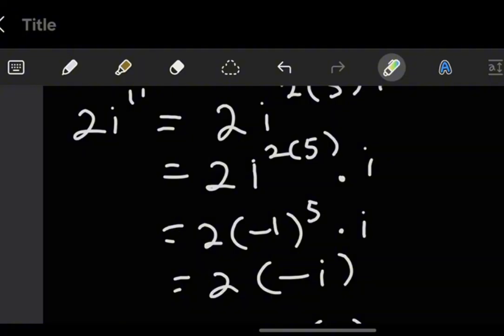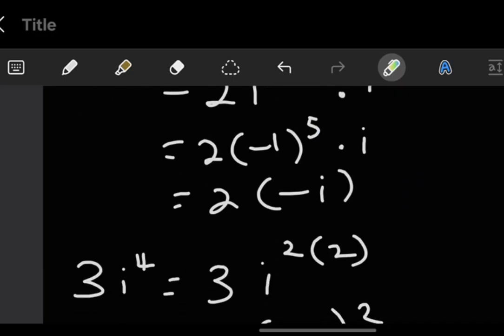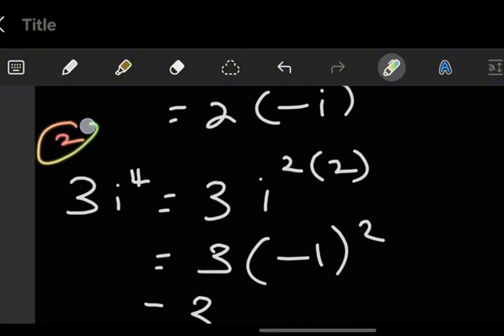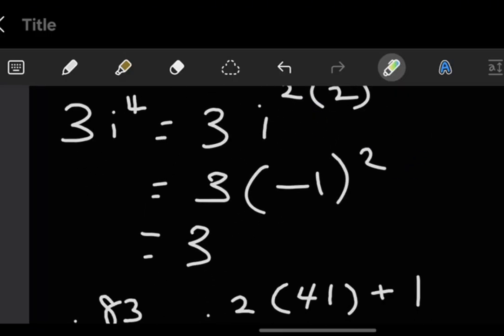So 2 multiplied with negative 1 to the power of 5 multiplied with i. We will get 2 multiplied with negative i. The second one, 3i to the power of 4 is equal to 3 times i to the power of 2 to the power of 2. We will get 3 multiplied with negative 1 to the power of 2, which is positive 3.